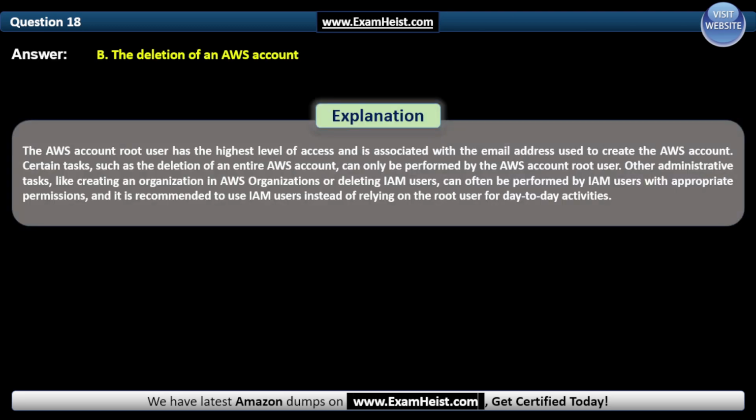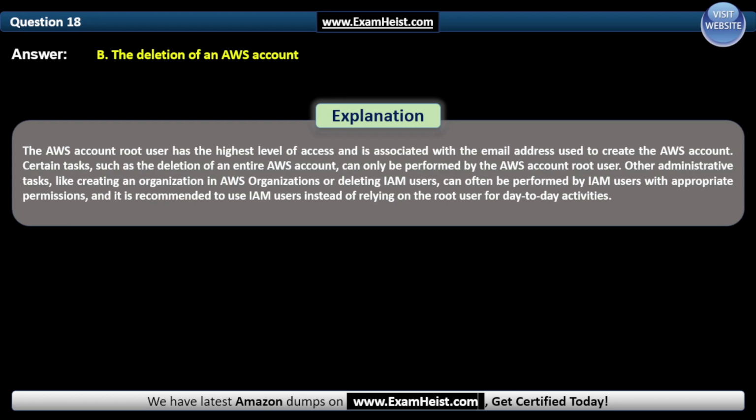The AWS account root user has the highest level of access and is associated with the email address used to create the AWS account. Certain tasks, such as the deletion of an entire AWS account, can only be performed by the AWS account root user.